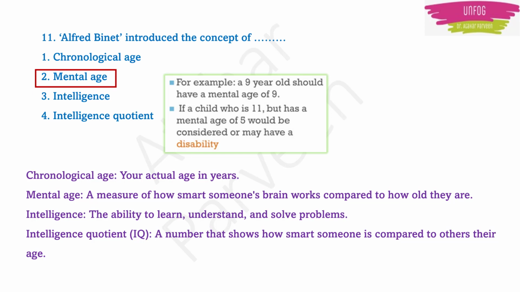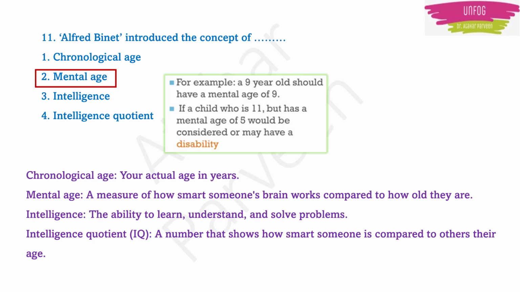Mental age is related to intelligence, intelligence quotient and chronological age also. Talking about intelligence, we all know that it is the ability to learn, to understand and to solve problems. If we are more intelligent, we will solve problems easily.